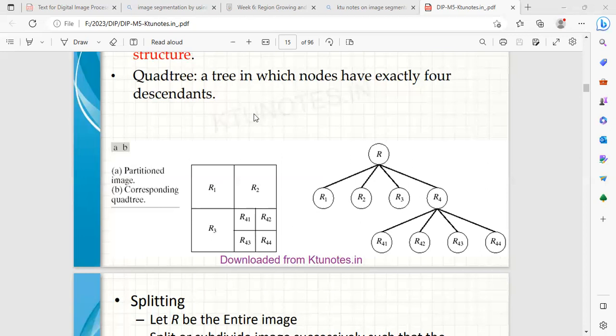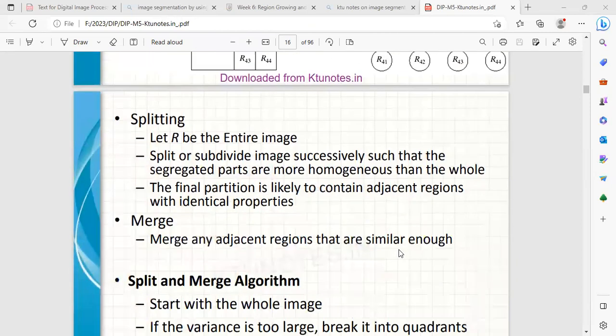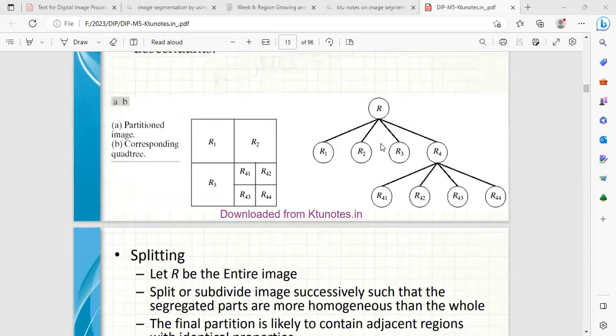So what you do is you divide R4 again into 4 regions. So this will be R41, R42, R43 and R44. This is what is called a quad tree.